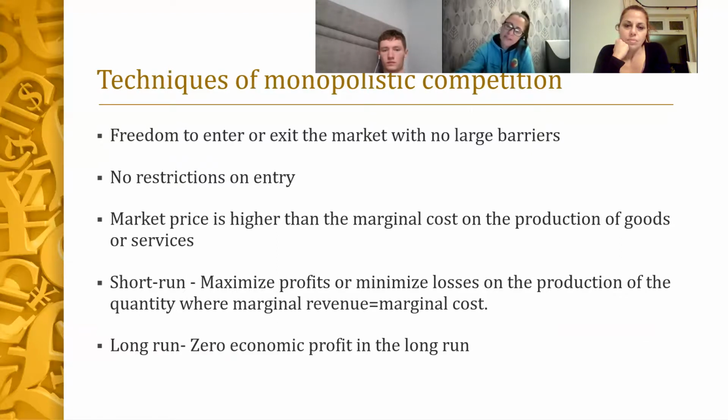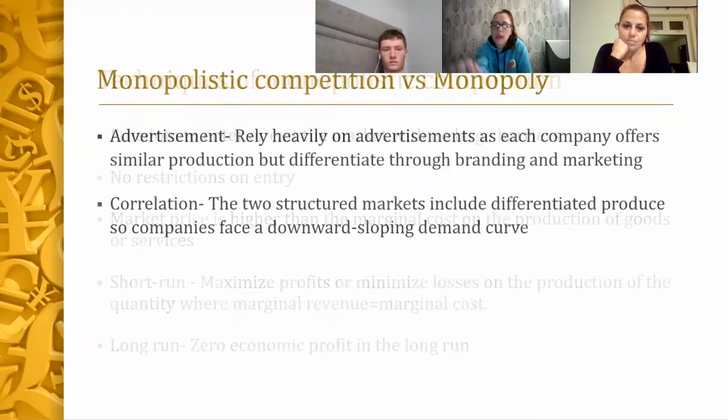A monopolistically competitive company in the short run can maximize profits or minimize losses on production of the quantity where marginal revenue equals marginal cost. Companies in monopolistic competition can make economic profits in the short run, whereas they make zero economic profit in the long run.